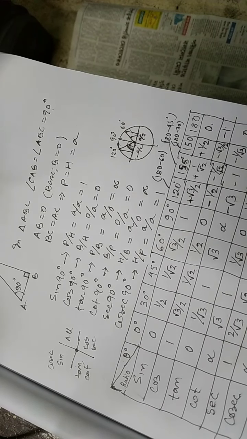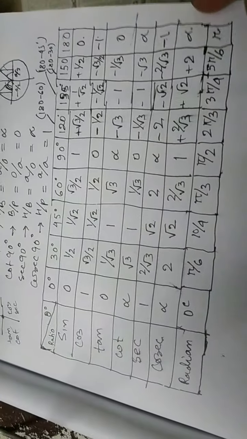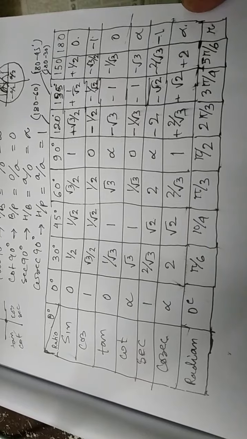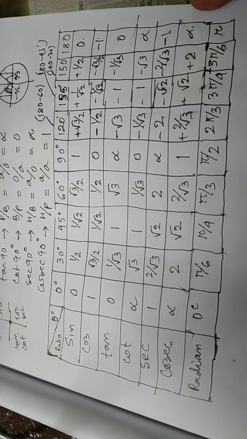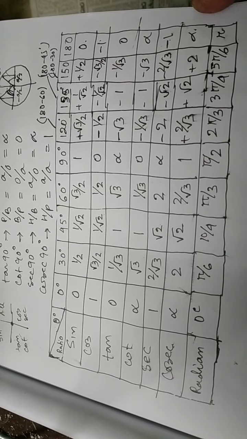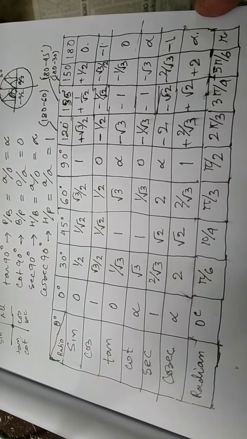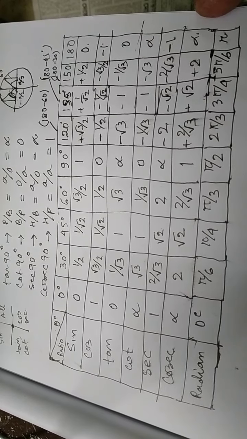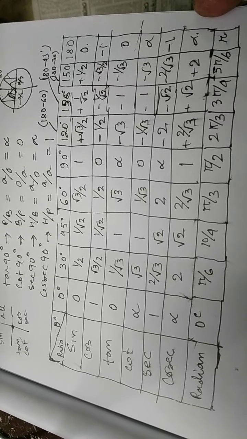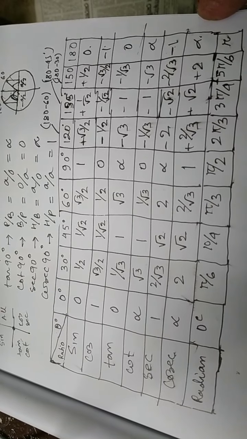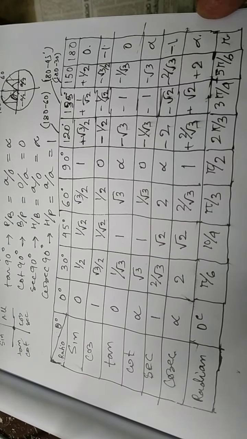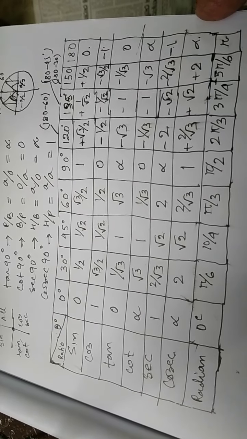This is the simple trick you can learn easily. The simple trick of the trigonometrical chart. Remember, when you cross the 90 degree position, that is, in the second quadrant, sine and cosec values are positive.